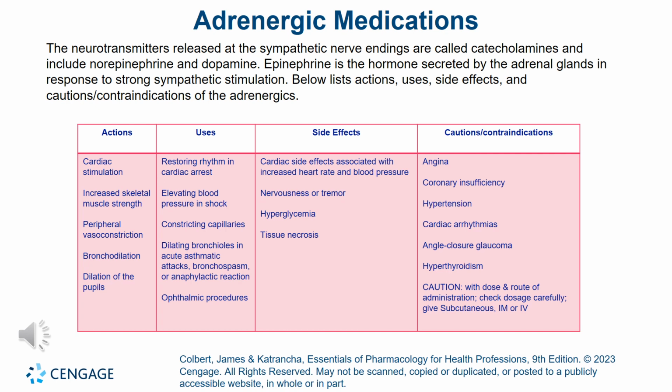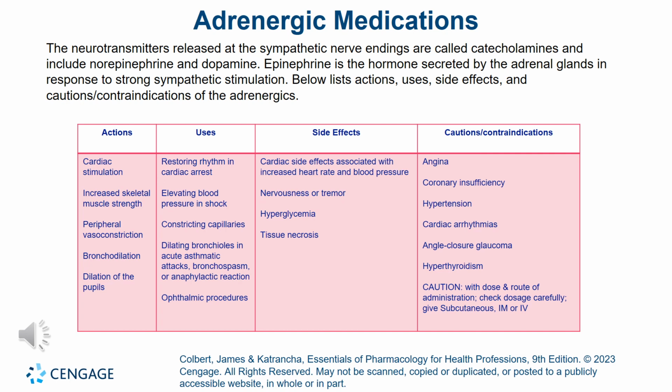Their uses are restoring rhythm in cardiac arrest, elevating blood pressure in shock, constricting capillaries, dilating bronchioles in acute asthmatic attacks, bronchospasm or anaphylactic reaction, and ophthalmic procedures. There are some side effects.